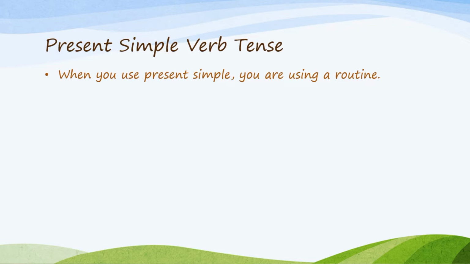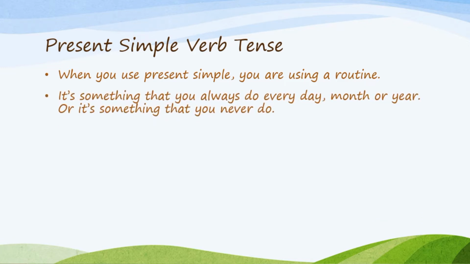When we are using present simple tense or present indefinite tense, we are using a routine. It is something that you always do every day, month or year, or it's something that you never do. Present simple or indefinite represents an action, event or condition that is occurring in present, or that is occurring now.